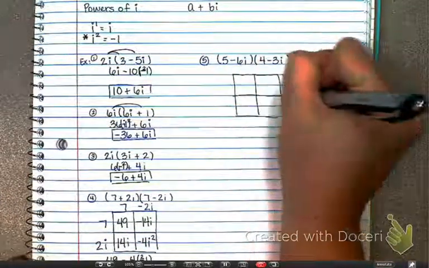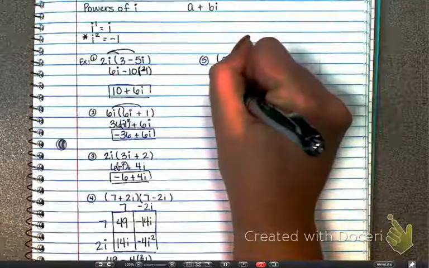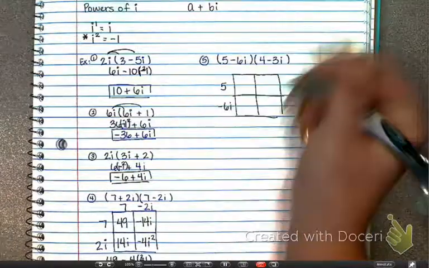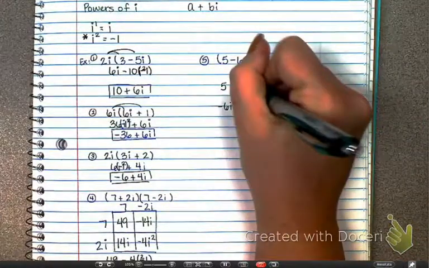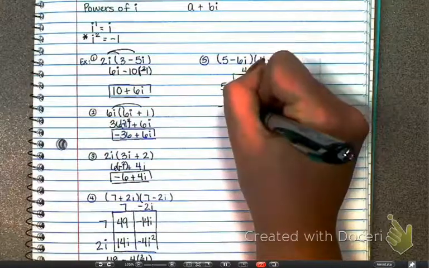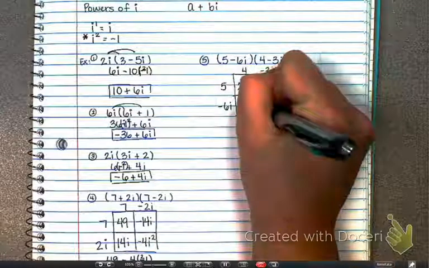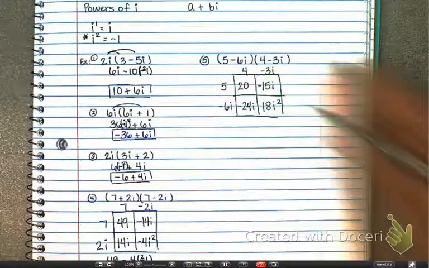So for those of you that struggled with that first multiplying test, I would recommend the box for you. So 5 - 6i, and then 4 and a negative 3i. So when I multiply in, I get 20, negative 15i, negative 24i, and a positive 18i squared.